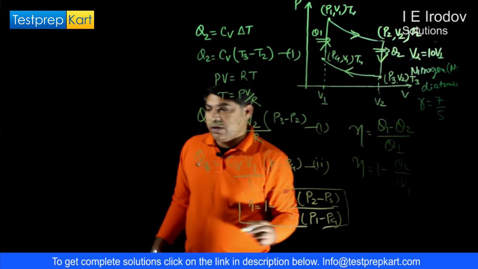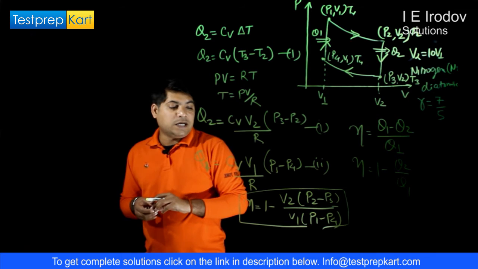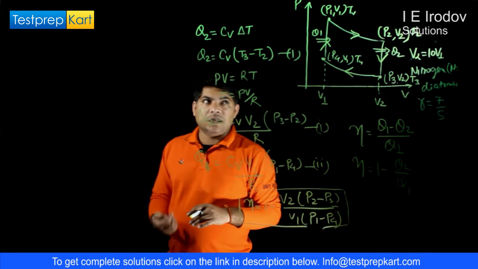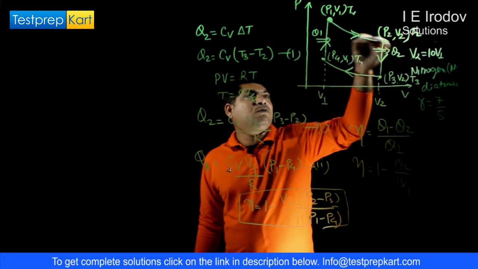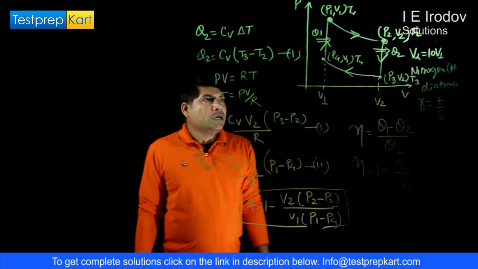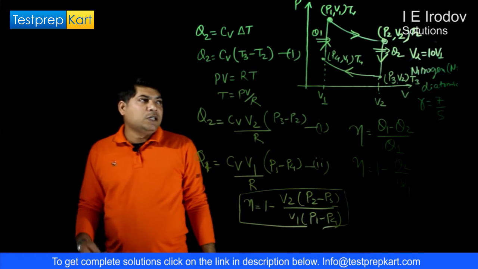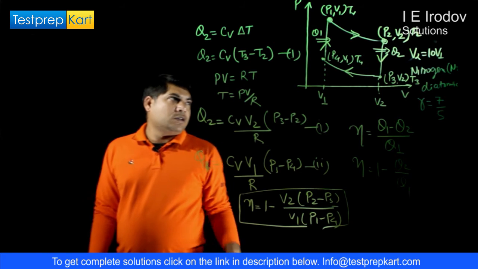Now we don't yet know how pressure and volume are changing. But these two steps are connected by the two adiabatic processes, and in an adiabatic process PV to the power gamma is equal to a constant.